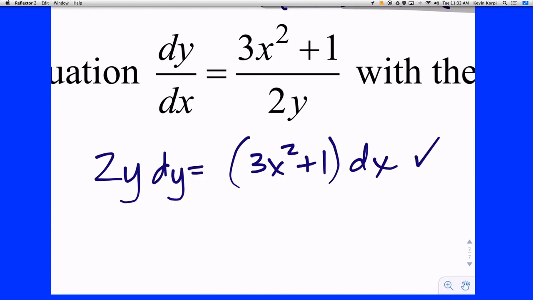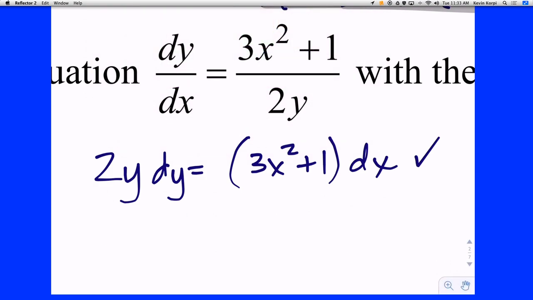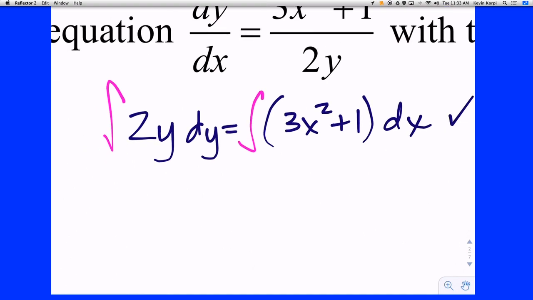So that would earn a check right there for the separation. And once you have your y's and dy's and x's and dx's with constants, maybe judiciously chosen to be on either side, you would integrate both sides. Now, on the left, 2y becomes y squared. Sweet. That might earn a check, might not.